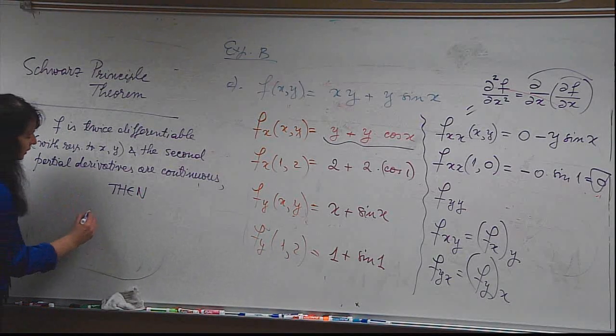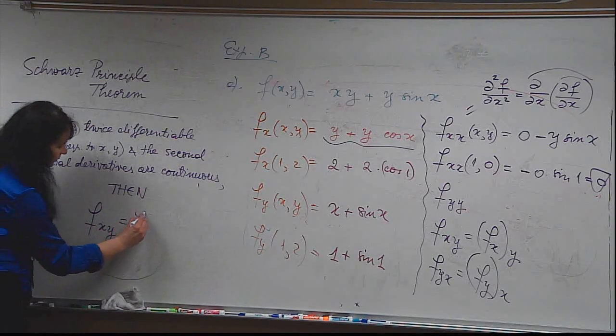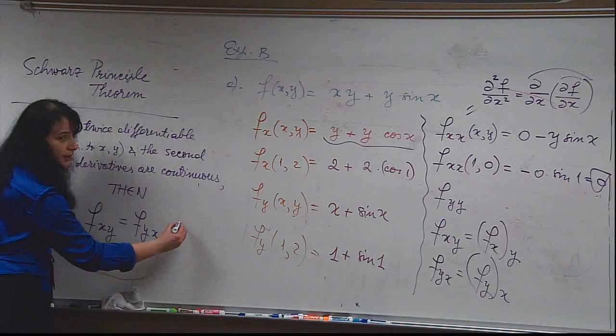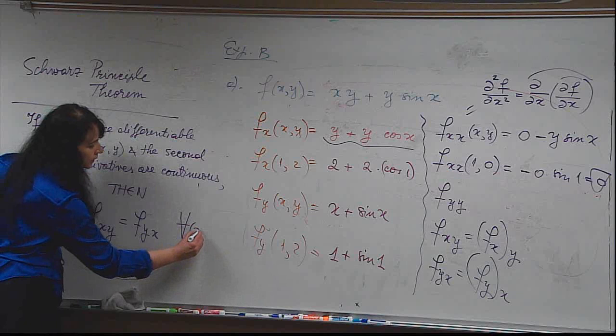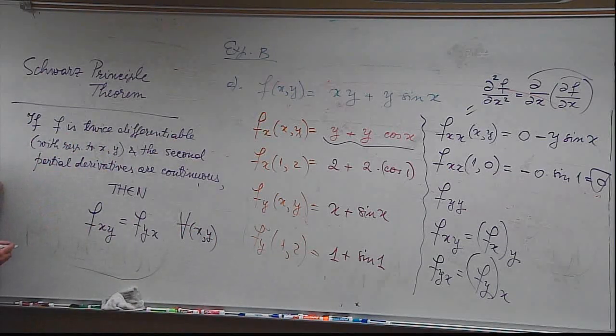The mixed ones are always the same. Say what? f sub xy equals f sub yx for every point. For every, do you remember what I taught you? For every xy in the domain, or for every xy where this happens.